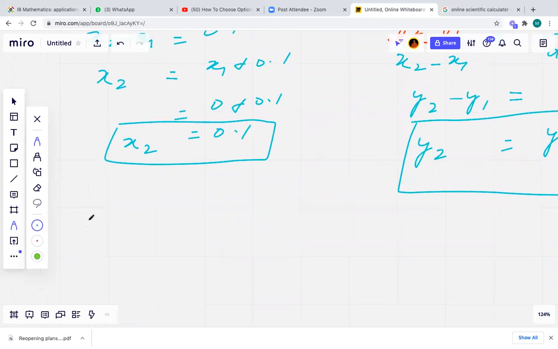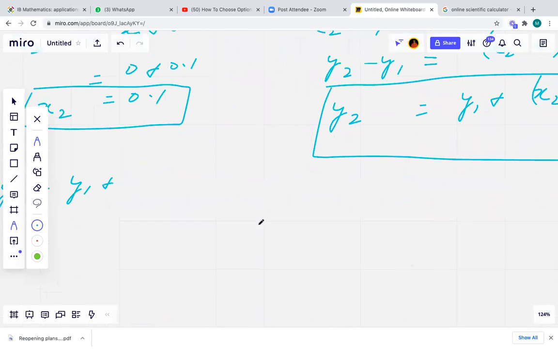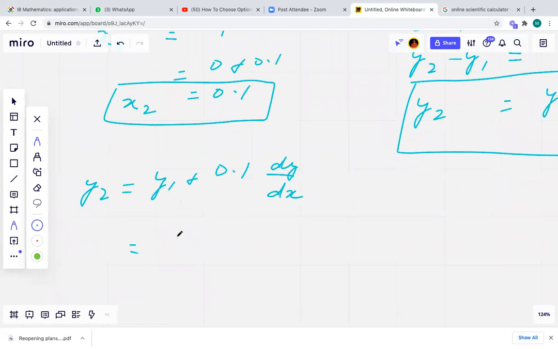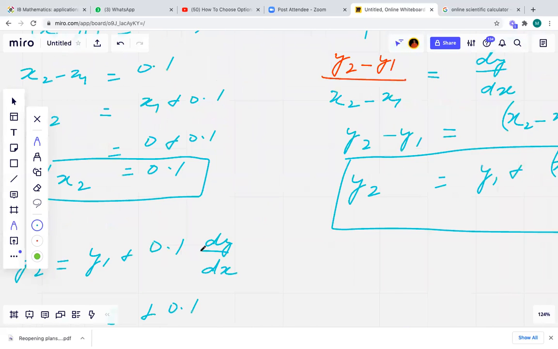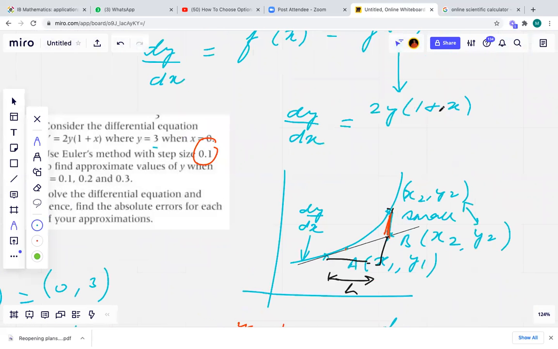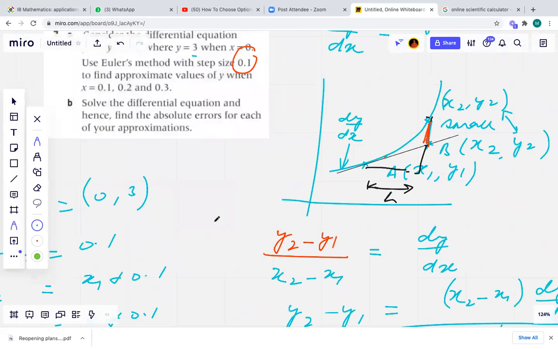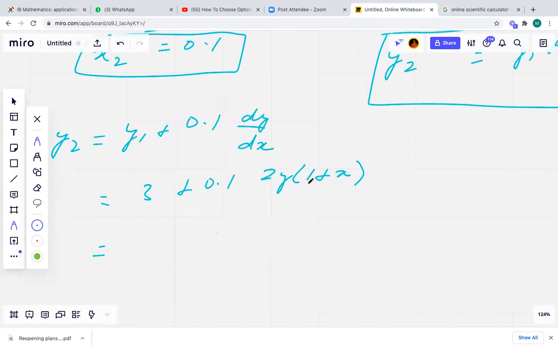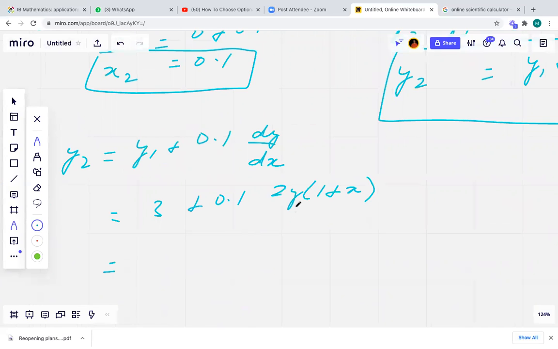So now, what is my y2? My y2 will be y1 plus 0.1 into dy by dx. That is 3 plus 0.1 into dy by dx, and dy by dx is 2y into 1 plus x. Now we are finding y2, so this will be y1 and x1.